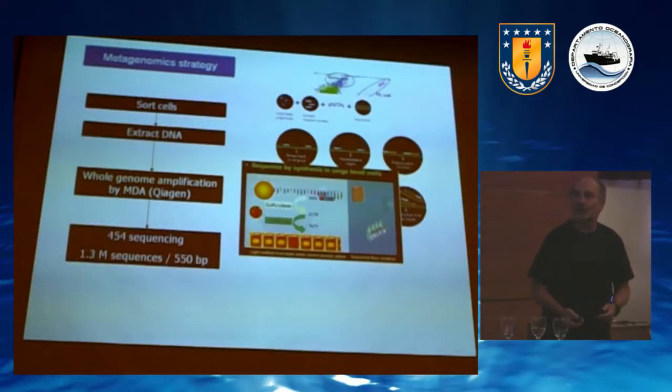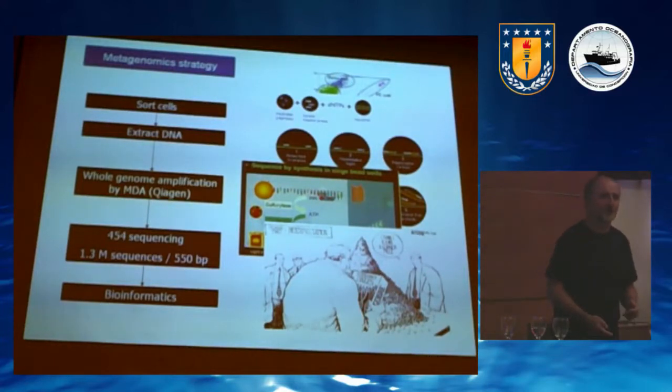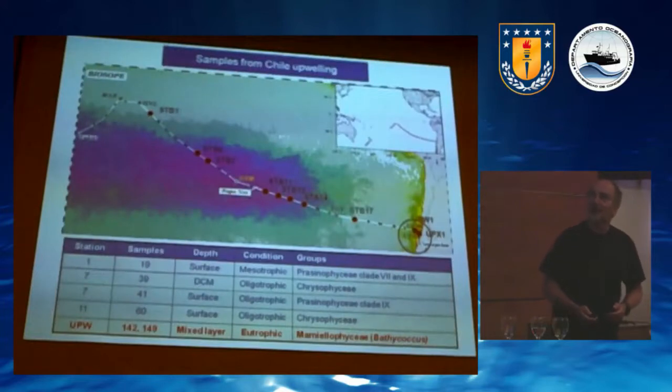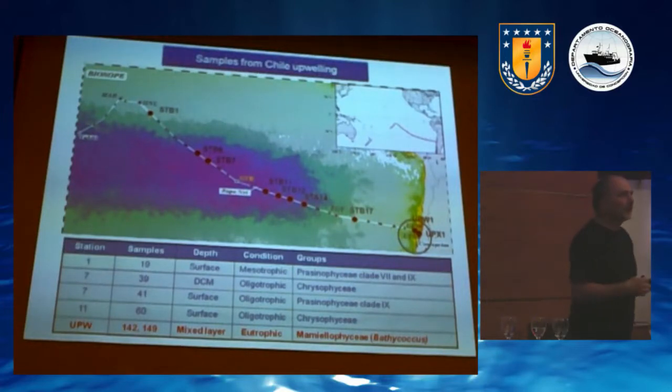So we sort cells, we extract DNA, we do whole genome amplification, and then in our case, a few years ago, we were going for 454 sequencing. And then we have this pile of data that we don't know what to do with. We try to reconstruct things or to make some story out of it. So I'm going to tell you 4 stories. One which is easy, metagenomics. One which is very difficult, and we're still working on it. And 2 stories which occurred by serendipity.